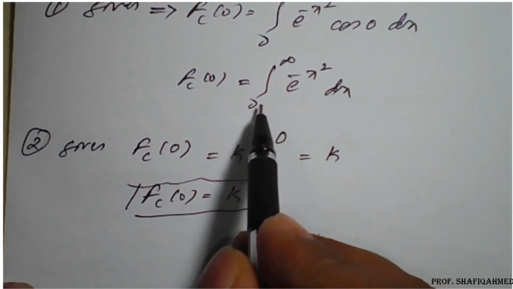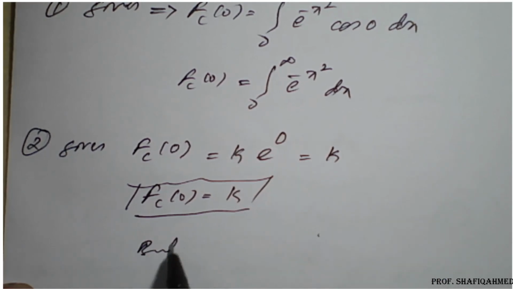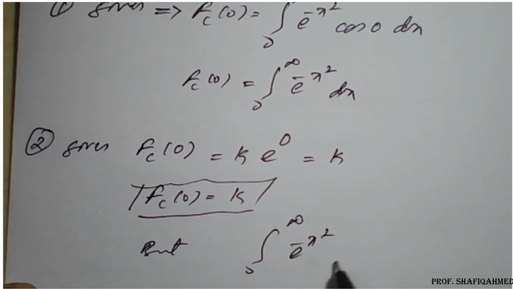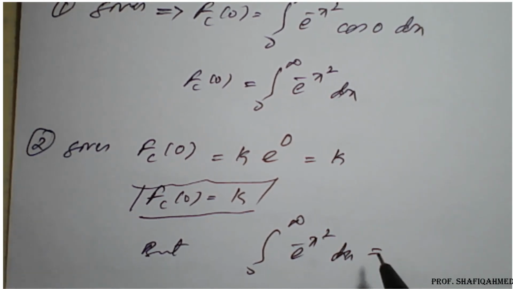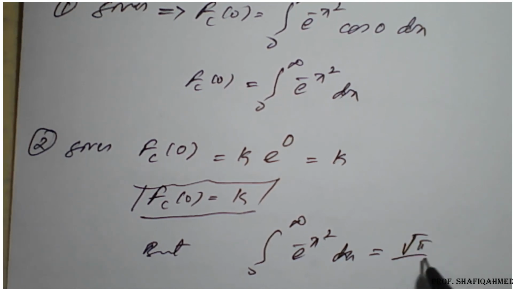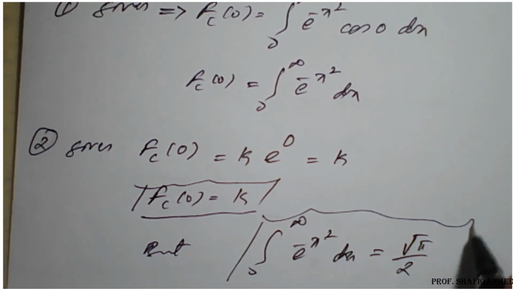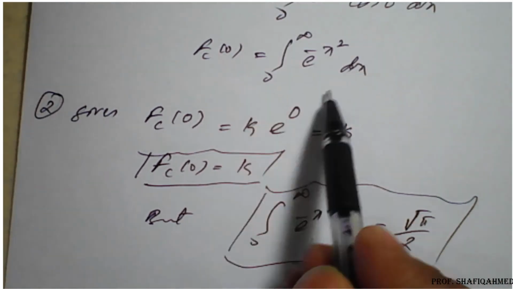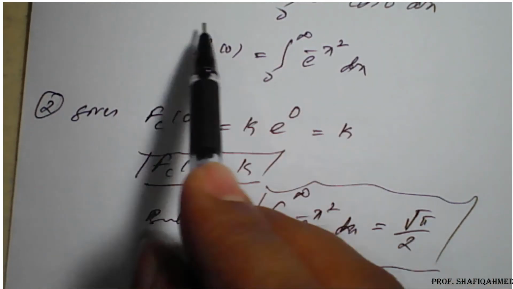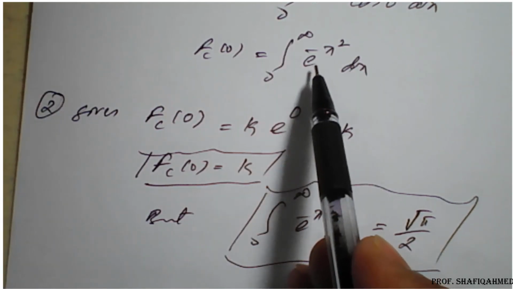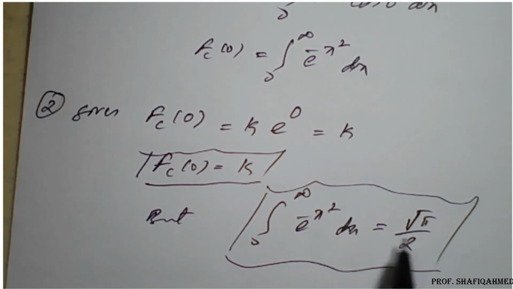But we know that integration of 0 to infinity e raised to minus x square dx is always given by the beta and gamma function. It is root pi by 2. This result you need to remember. So as per this result, the right hand side of your equation, if you put u is equal to 0 in 1, is a direct integration, and the value of that integration is nothing but root pi by 2.